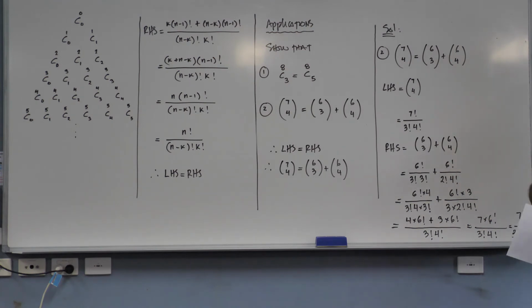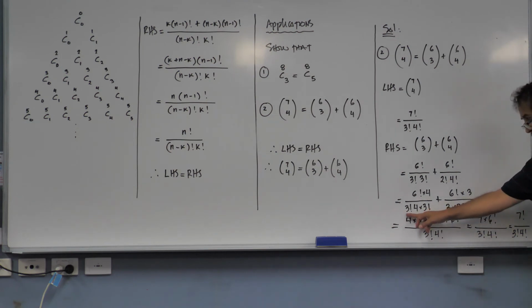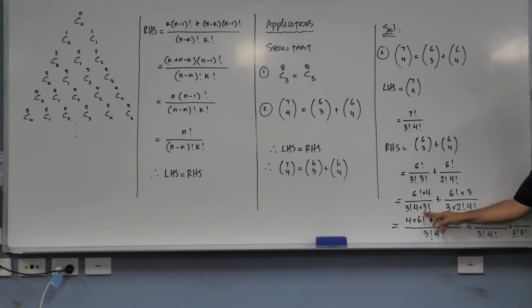Hold on one minute. How did you get to the last one, like 3 factorial on the bottom? All right, can you see that in here we got 3 factorial multiplied by 4 times 3 factorial? Can you see that 4 multiplied by 3 factorial is simply 4 factorial? That's what we have been saying.